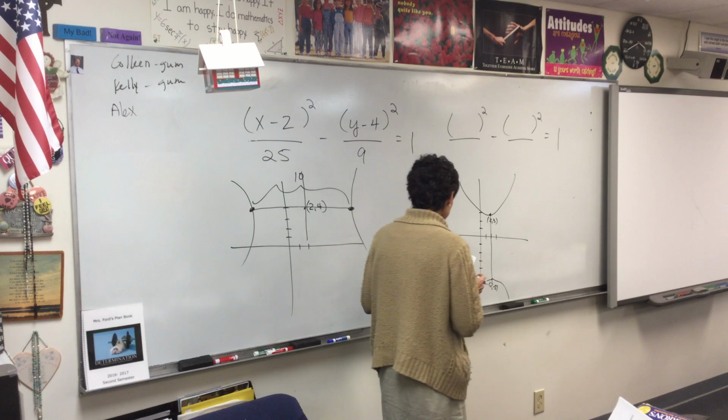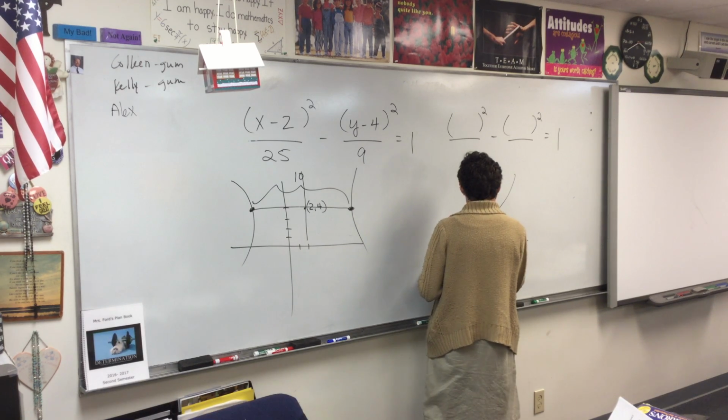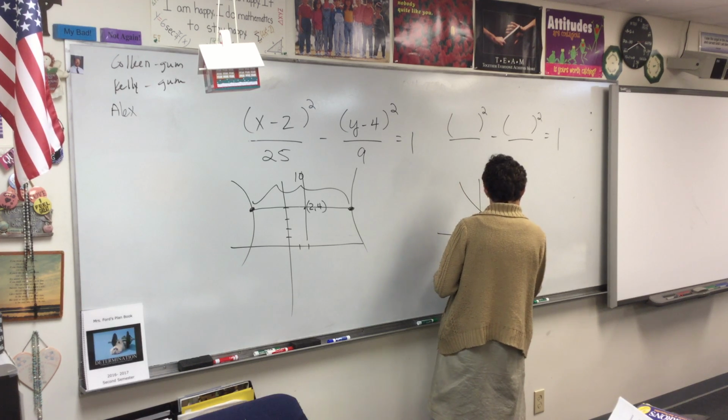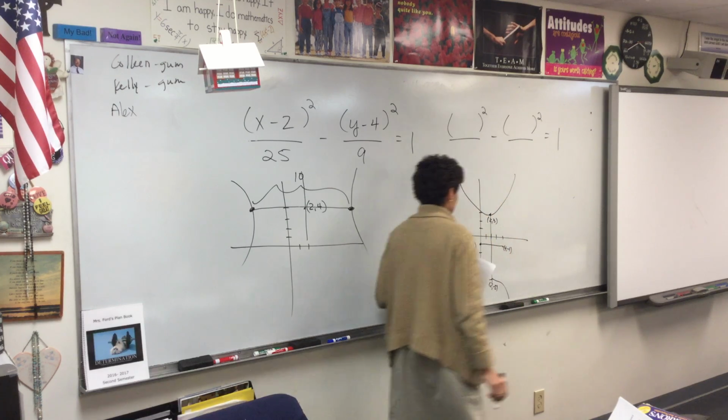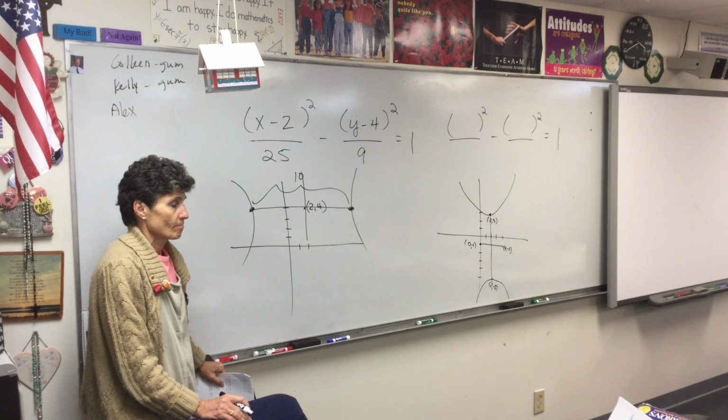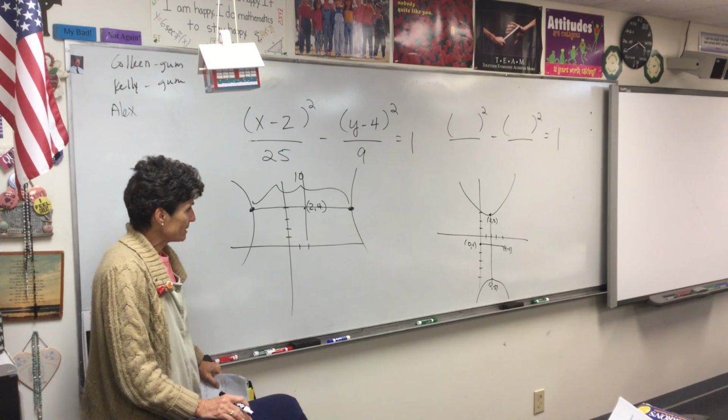The endpoints of the conjugate axis are 0, negative 1, and 4, negative 1. So this is the other axis. What information does that give me, Ethan?